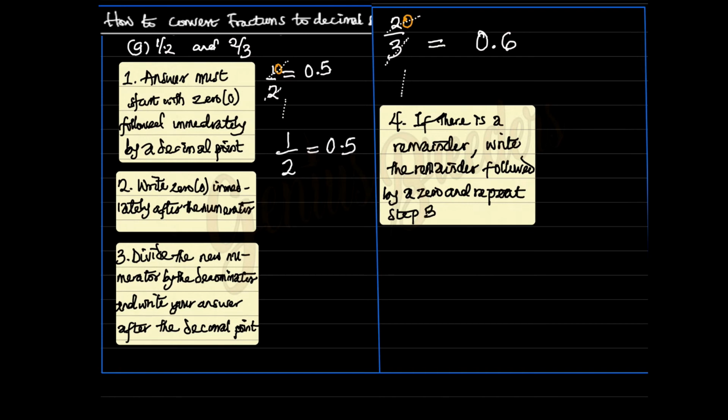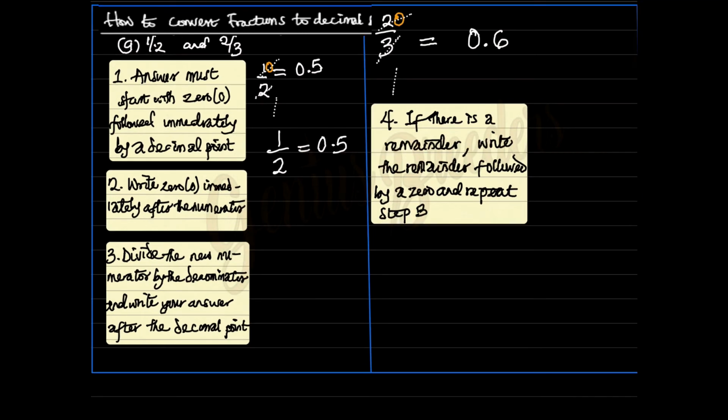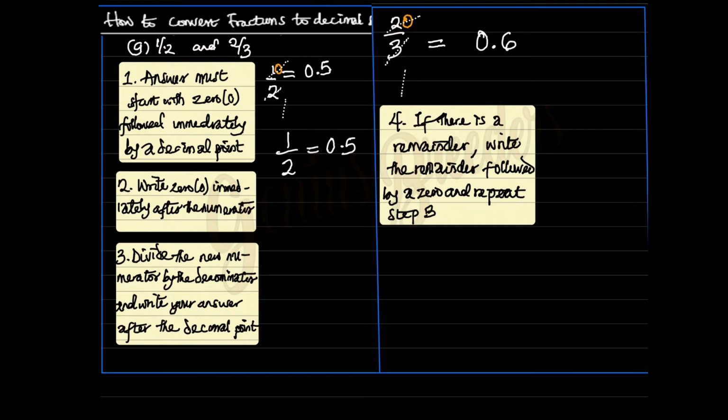So we have a remainder. Our remainder is definitely 2. How did we get 2? Since we said 3 in 20 is 6, 3 times 6 is 18, so 20 minus 18 is 2. So 2 is our remainder.